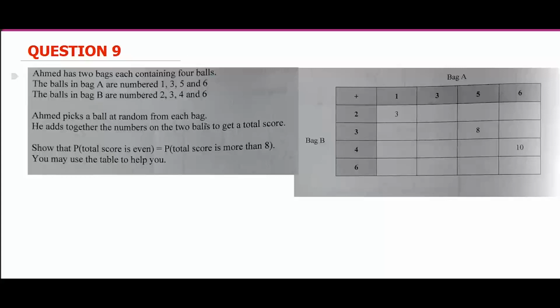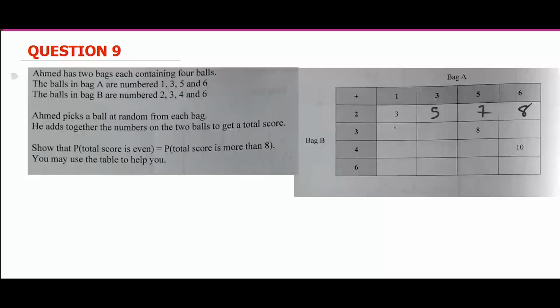So I think the first thing we need to do here is to complete the addition. Here we are going to have 2 add 1, 2 add 3, 2 add 5, 2 add 6, and you do the same for all the numbers. So I'm going to have 2 add 1, 3 here. Okay, so here we'll have 5, 7, and 8.